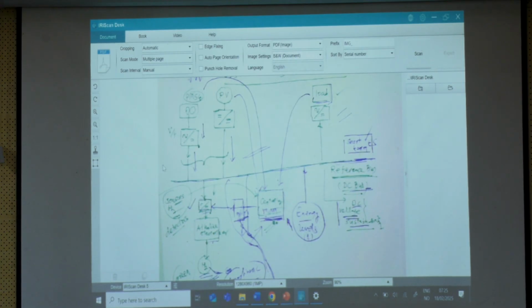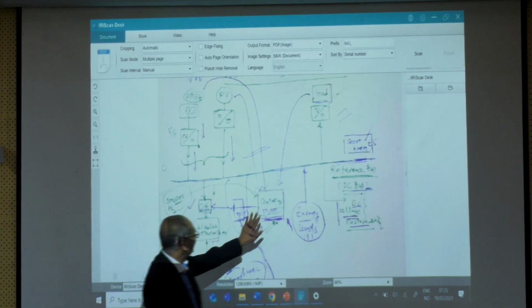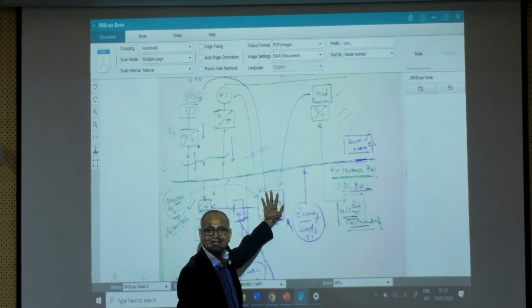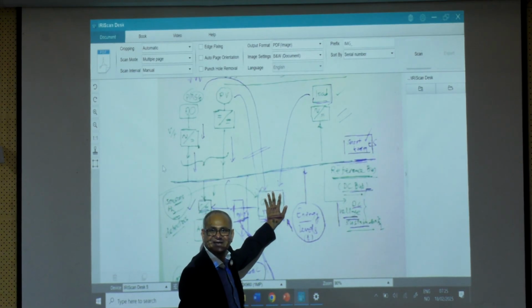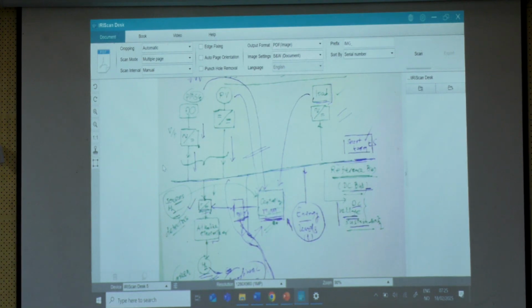So, let us see, if you have the computer engineering background and your task is to design the controller here or to design the algorithm here, okay. Let us say algorithm is a much better word, how will you design that algorithm? Now, my question is how you will design the algorithm.